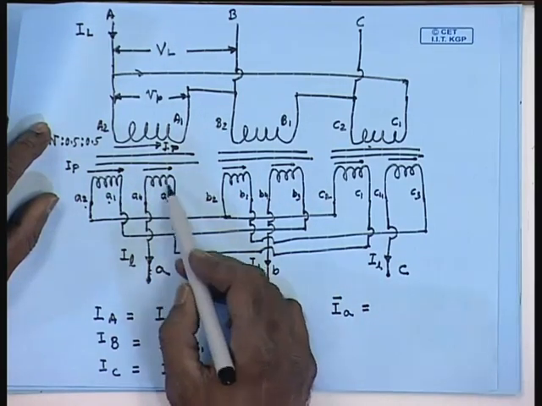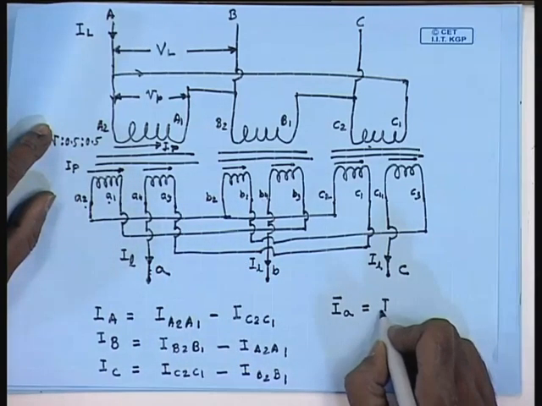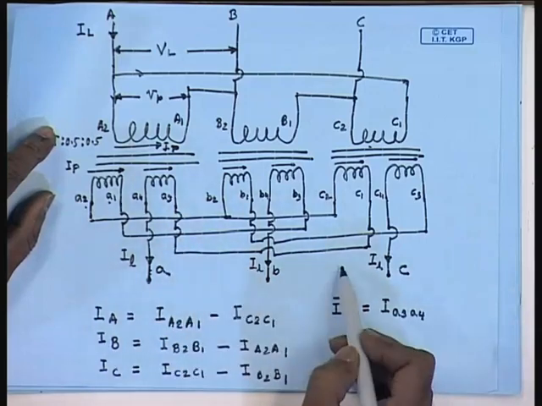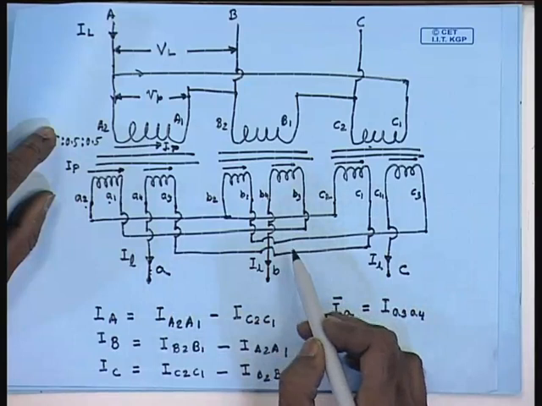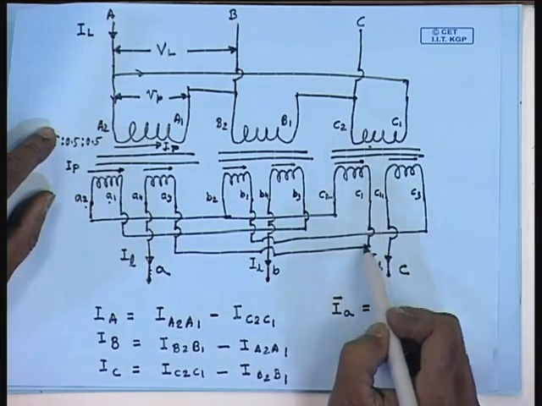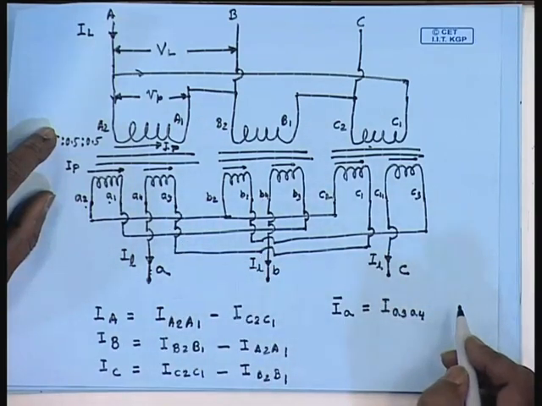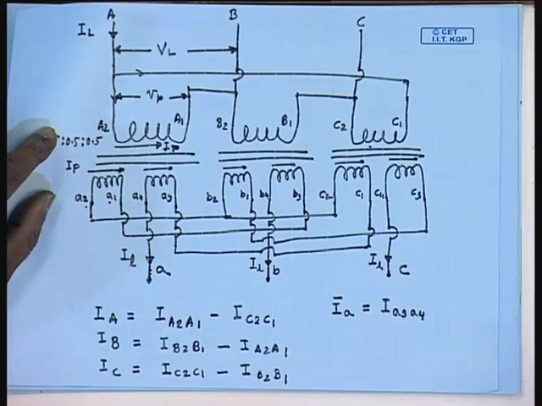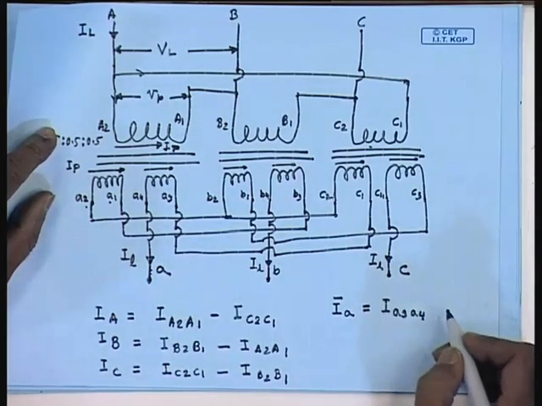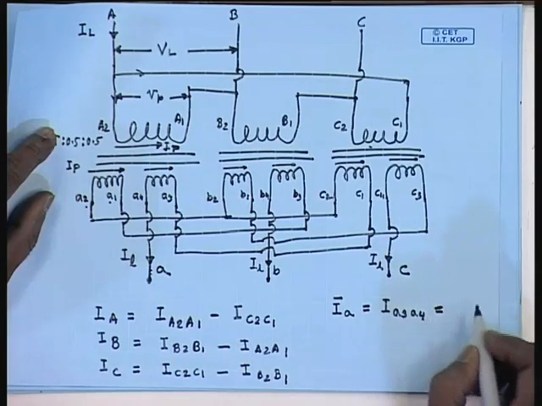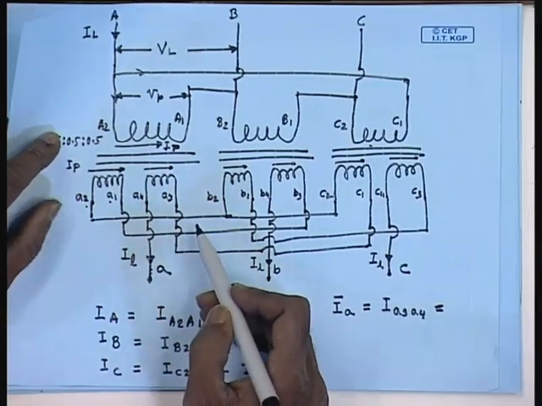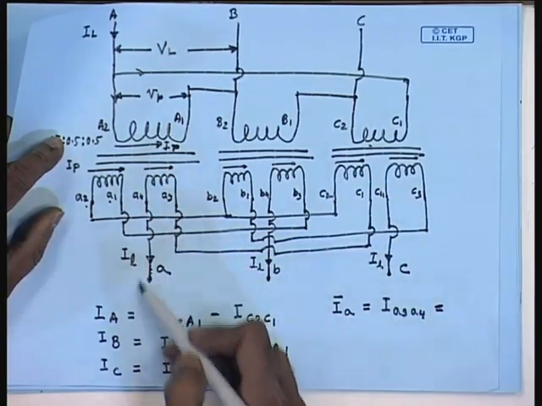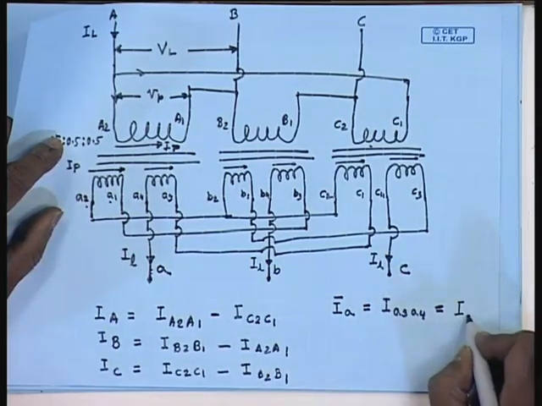The current I small a is basically I_A3A4, which is same as current I_C2C1.